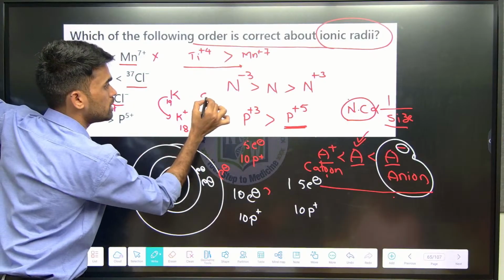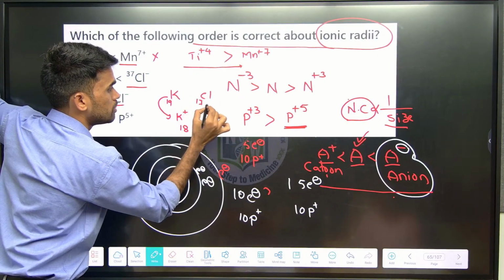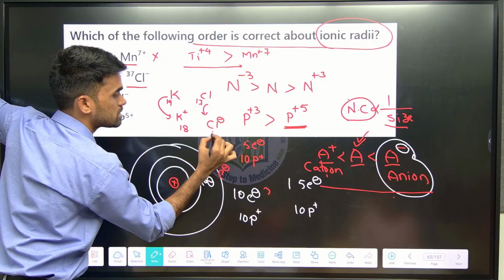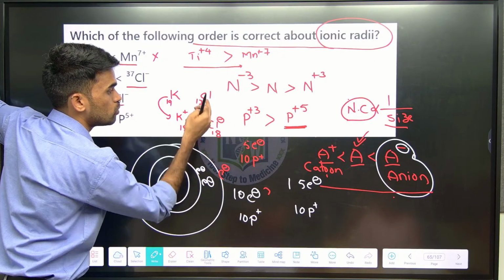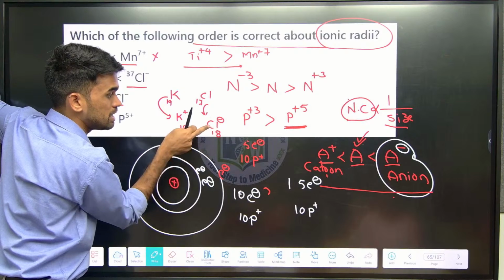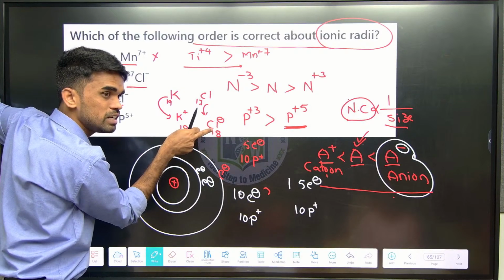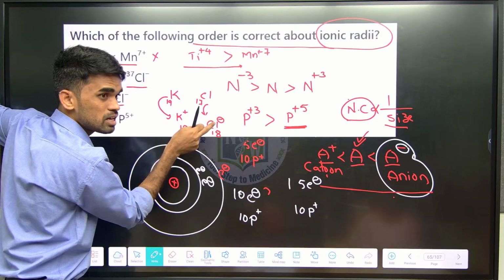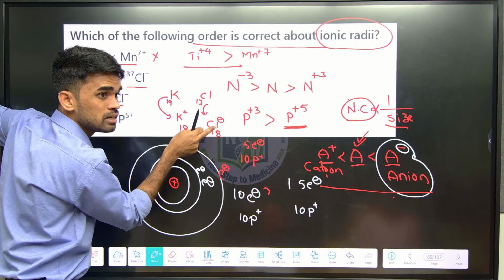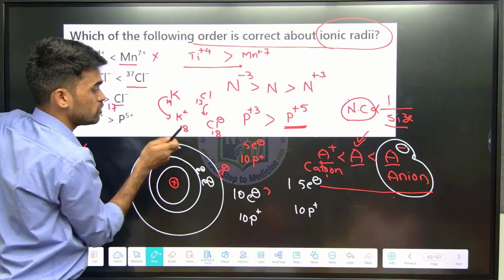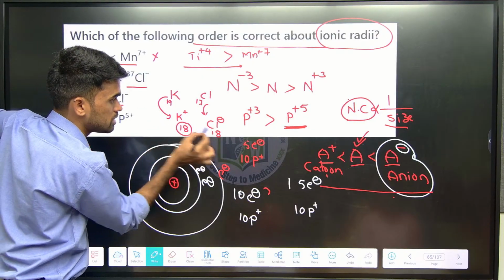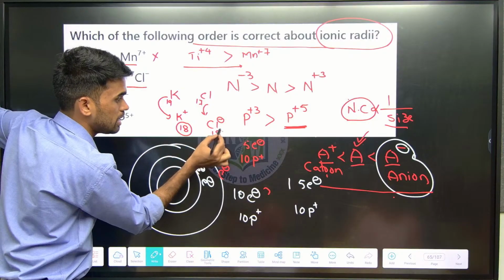Okay. Chlorine is 17. By adding one electron, it becomes a chloride ion. How many electrons are there? 18. So now what is it? Anion. See, it has 18 electrons, 17 protons. Who is more? So electrons are more now, what happens to size? Increases. And here, the same number of electrons are there in both ionic forms, 18 and 18.